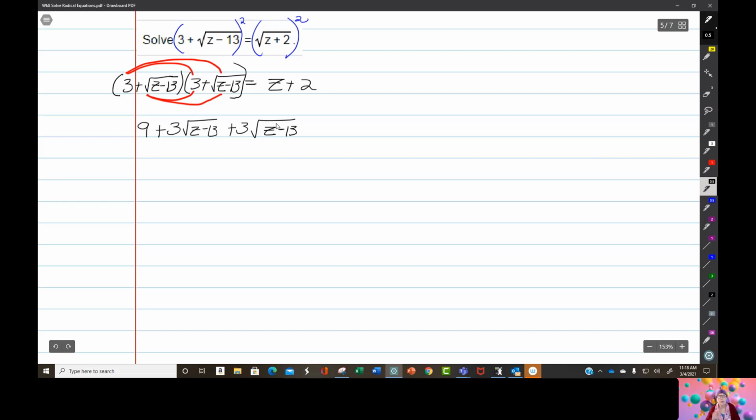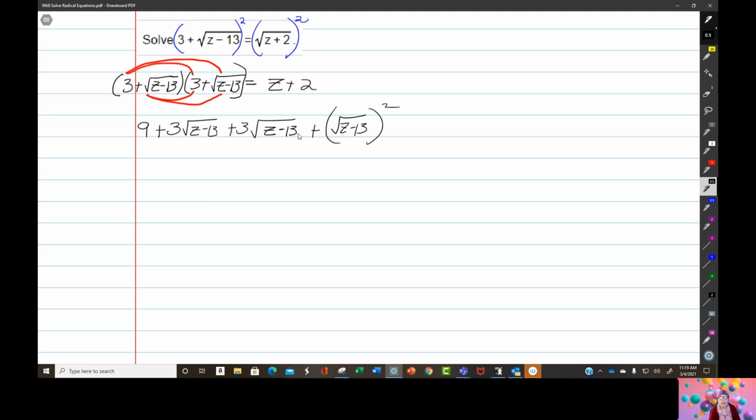Whenever you square two terms in parentheses, you'll always get this doubling effect in the middle. And then plus the square root of z minus 13 times plus the square root of z minus 13 is going to be plus the square root of z minus 13, but squared.